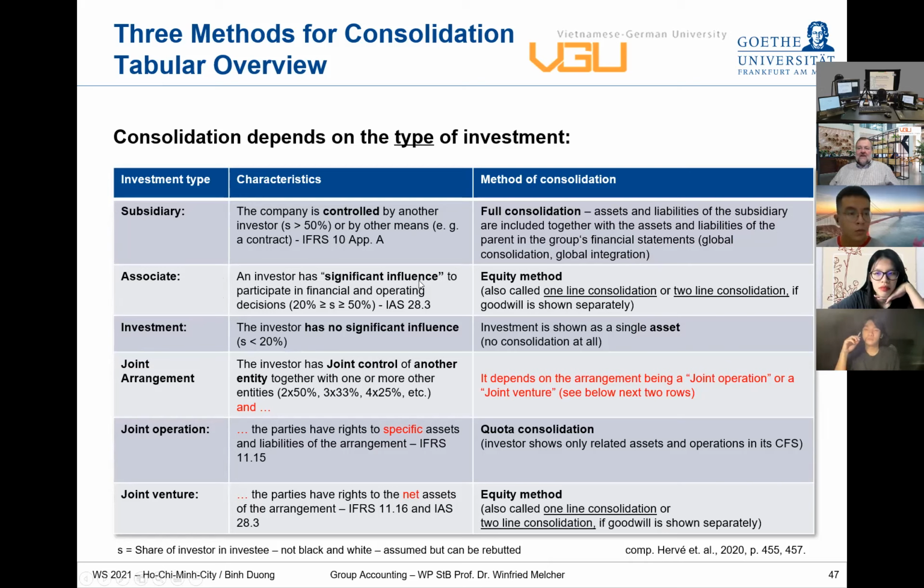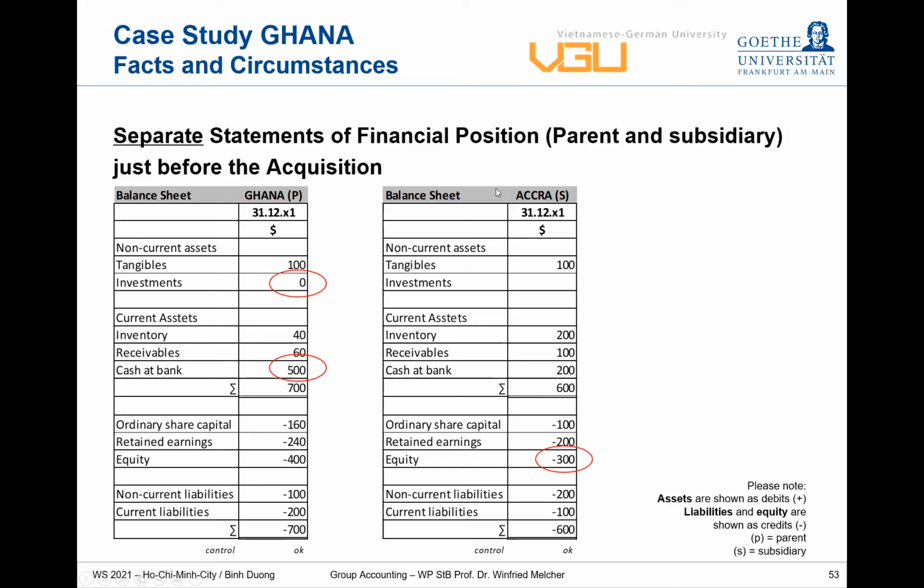All right, so this is the single financial statement of Ghana, and the same single financial statement for Accra is displayed on the right-hand side. Again, we have cash, we have assets of 600, and we have liabilities and equity of 600.